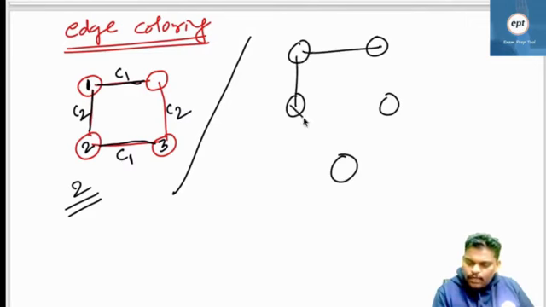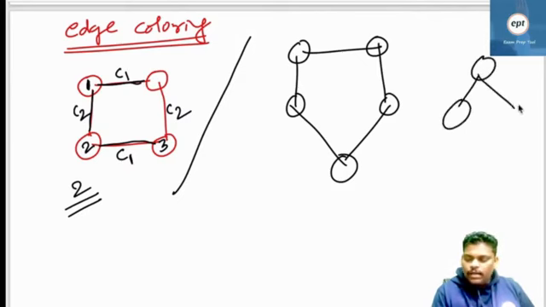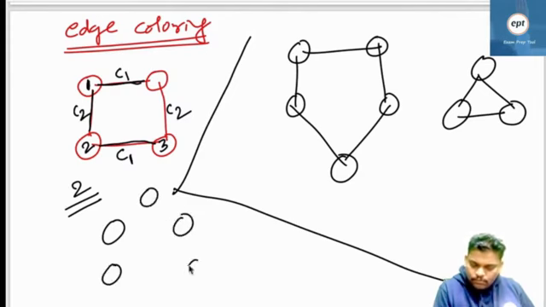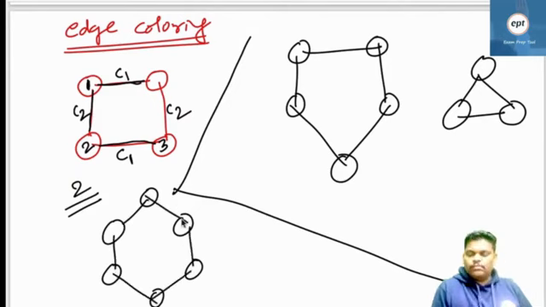Can you try how many colors for this? Edge coloring is required. How many colors for these diagrams?